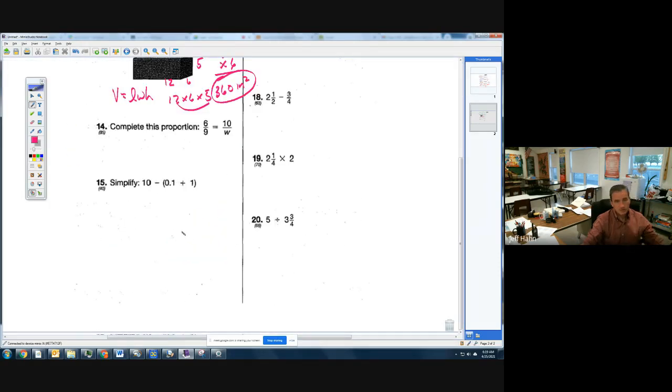Problem number 14. Complete this proportion. This is one of those where you don't know 6 times what is 10. So this is where we have to use cross products. Cross products mean that the diagonals have to be equal. So 6 times what number equals 9 times 10.